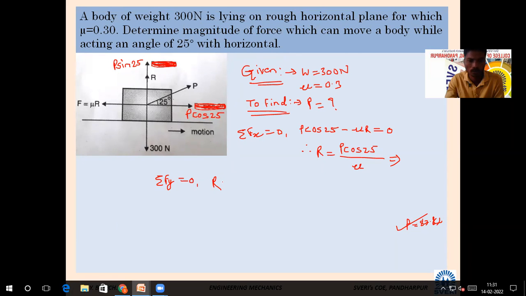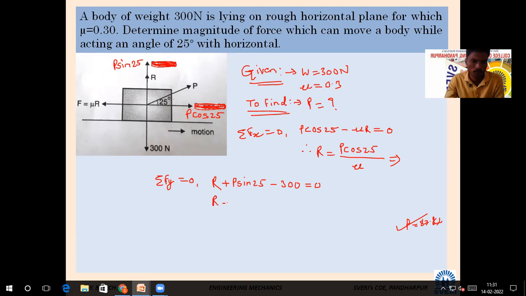R upward, plus P sin 25, then minus 300 equal to 0. From this, what have you done? R is equal to 300 minus P sin 25.